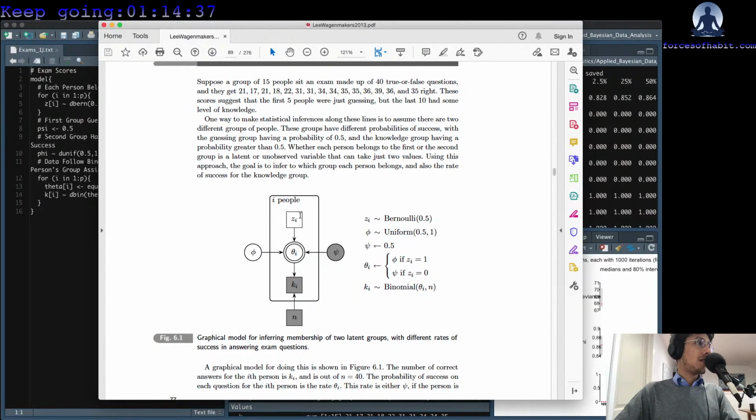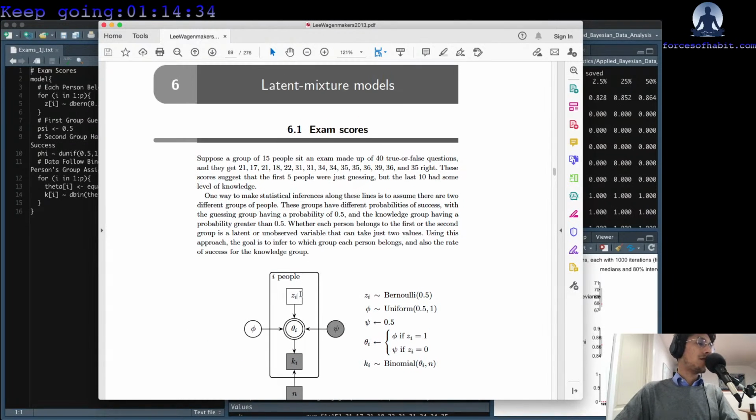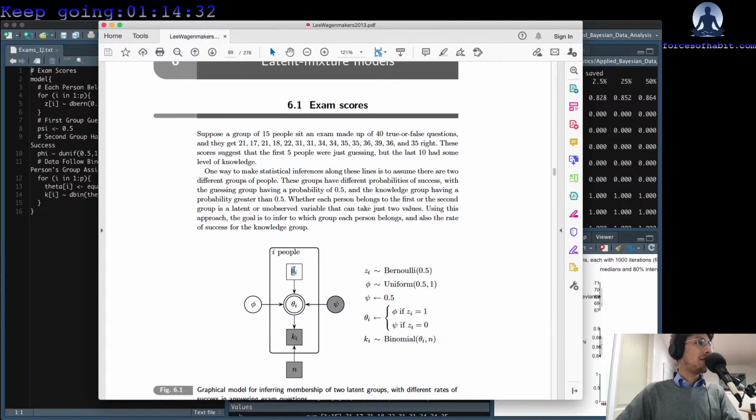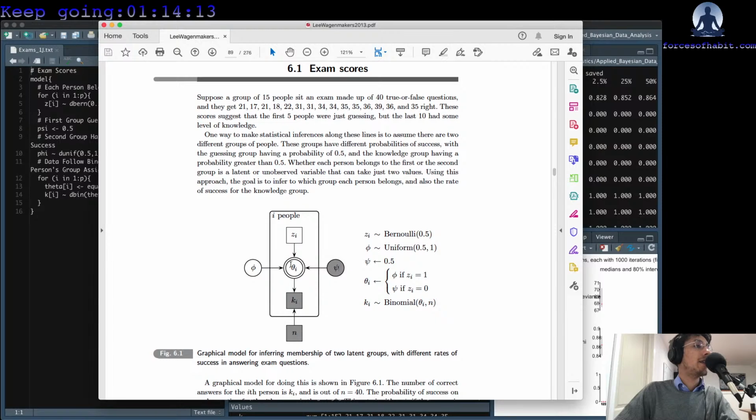So this is the mixture model, the latent mixture portion, where we want to know if this is a 0 or 1 for a given person. We have information about the success rates, and we believe that these success rates are different for the two groups. Here we think that these are the guessers, so it would be 50%.